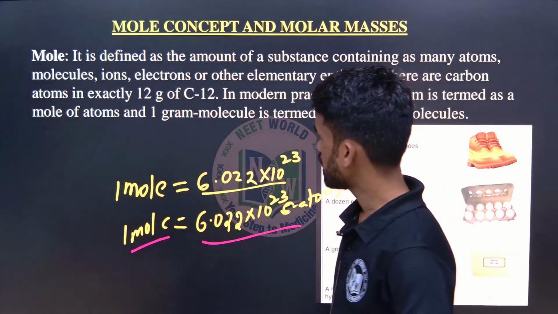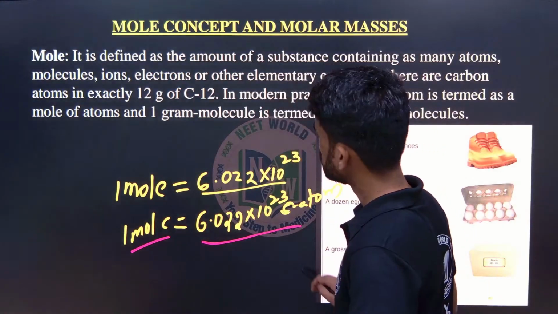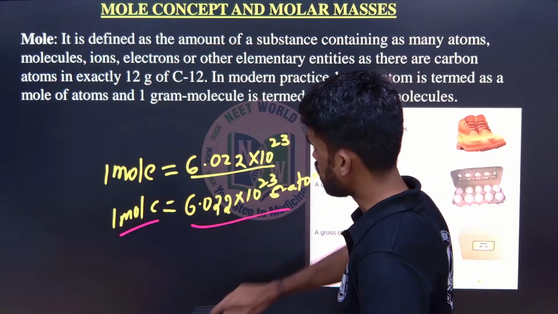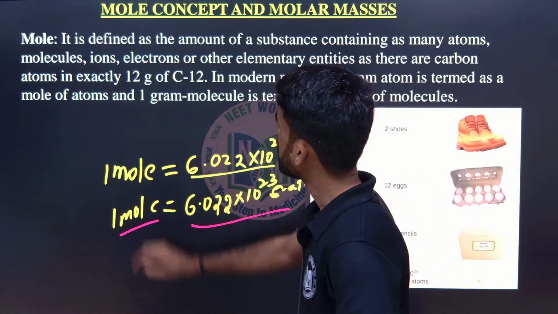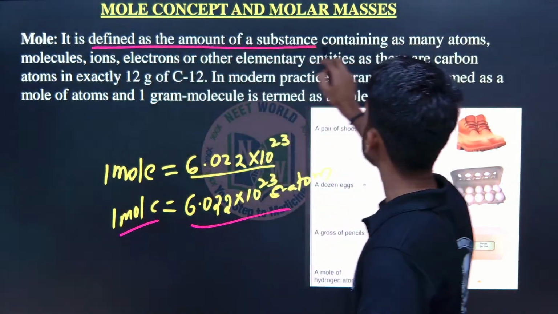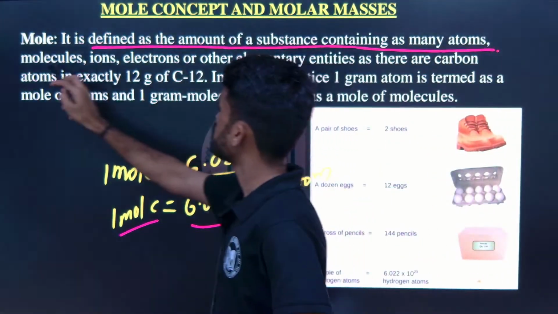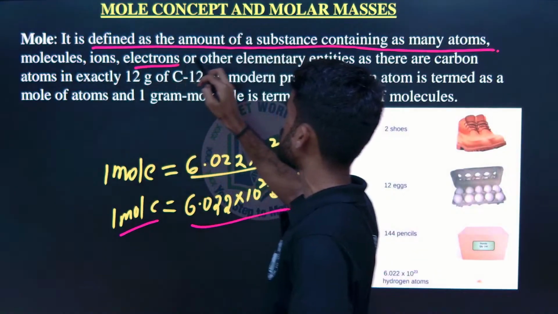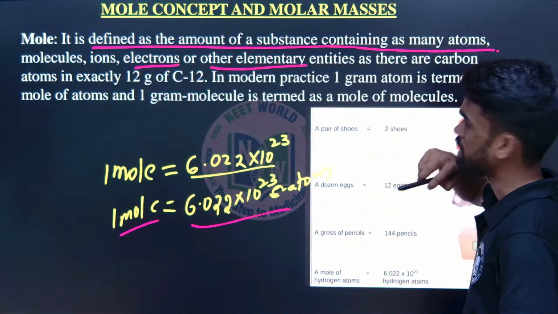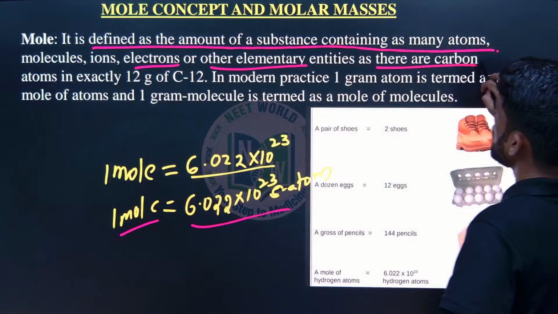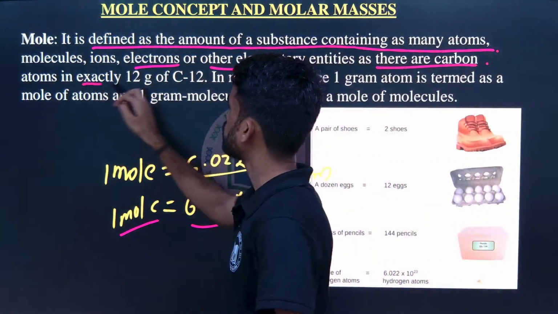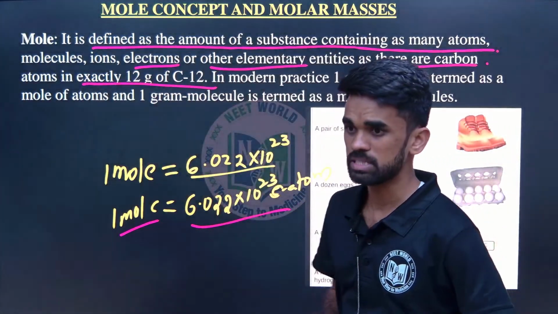Now read this statement once. 1 mole is defined as the amount of substance containing as many atoms, molecules, ions, electrons or any other elementary entities as there are in exactly 12 grams of C12 carbon.